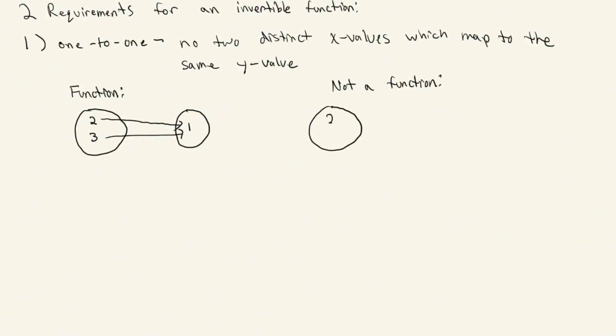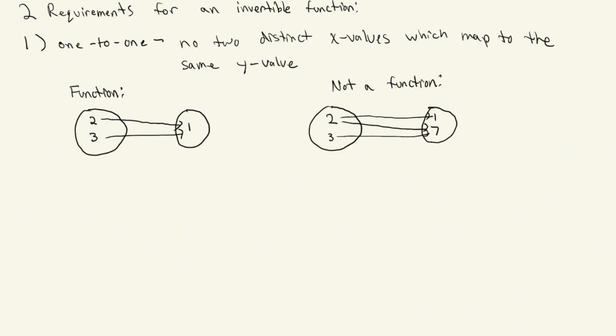So if the domain is 2 and 3, and the range is maybe, we'll say this time 1 and 7, and if 2 is mapped to two numbers, so in this case 2 is mapped to both 1 and to 7, that is a no-go. Each x value has to be mapped to exactly one y value. So this would not be considered a function.